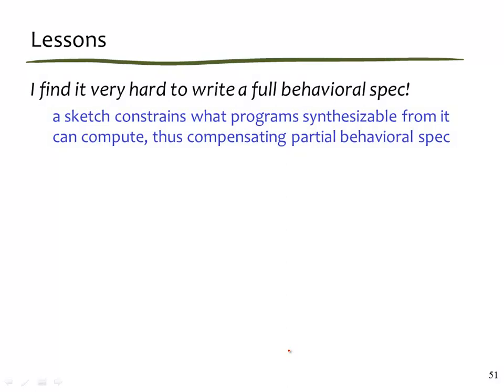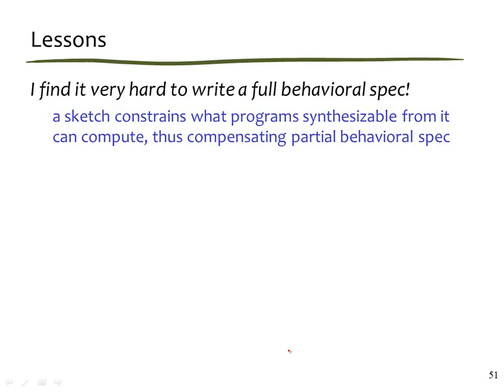So what are the lessons now that we know what the specifications could be, what format they have, and what they constrain? Well, if you find it really hard to write full behavioral spec, it's good to keep in mind that the sketch, of course, defines the structural properties of the program, but it also limits the set of functions that space can compute.